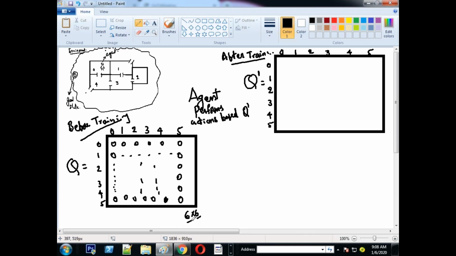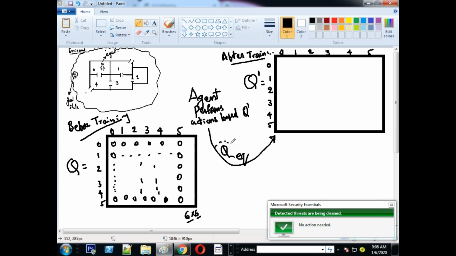All of you observe this one, sir. So for every action the agent updates its knowledge with the help of the Q learning equation. After completion of the training, how will the values be? For now, don't worry about the mathematics of the Q learning equation.